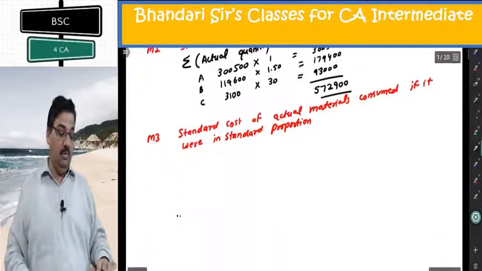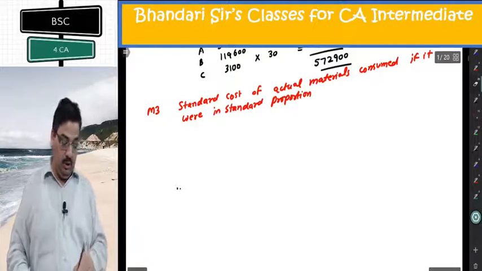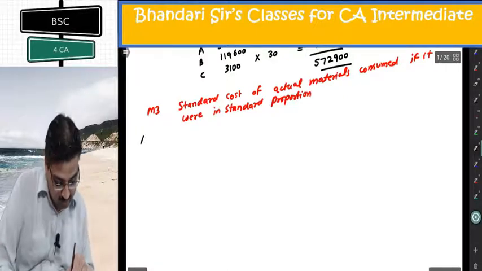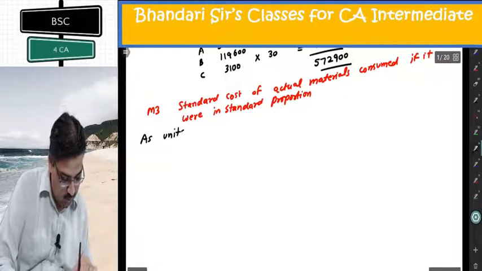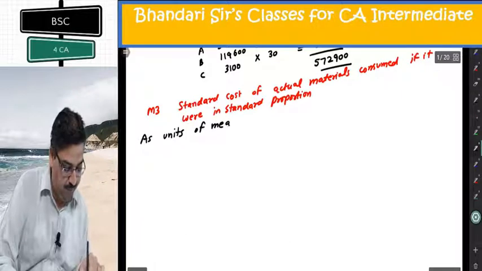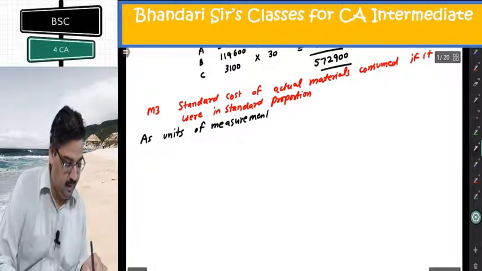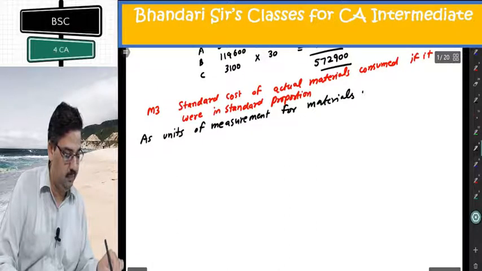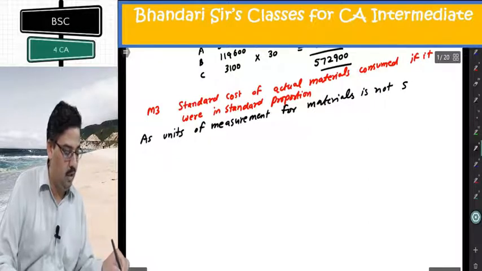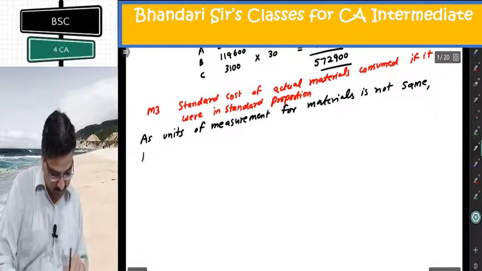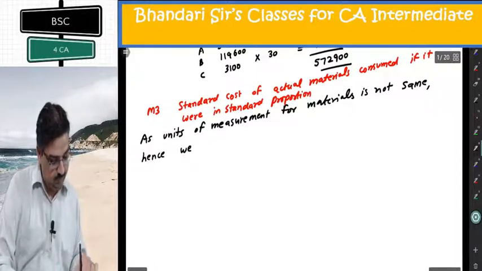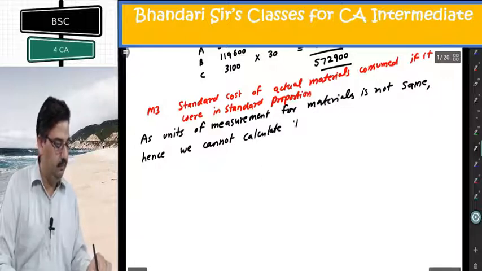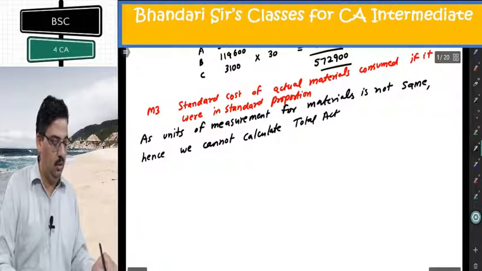M3, this is something I say is very crucial in this question. You're going to write something for your remembrance as units of measurement for materials is not same, hence we cannot calculate total actual quantity.